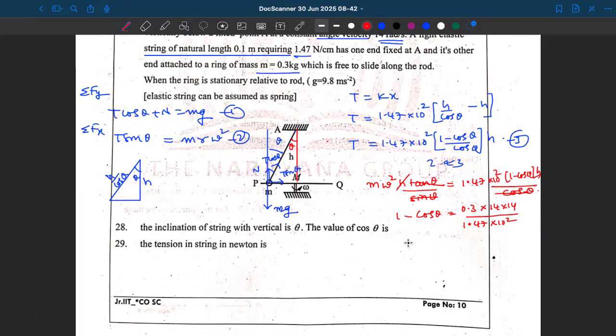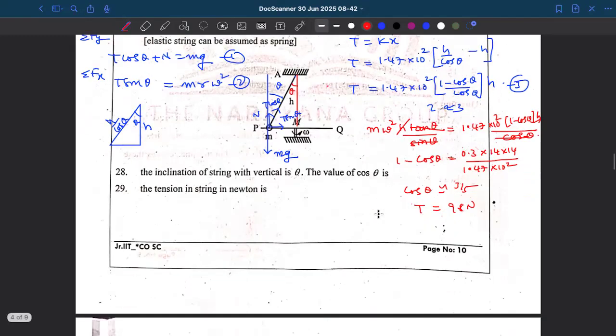Okay, by solving which you will get cos theta nearly as per the data, 3/5. By substituting cos theta as 3/5 in the tension equation, you will get the tension. So the tension, what they have given is nearly 9.8 Newton. Generally for this, they won't give a range because they have given exact values.